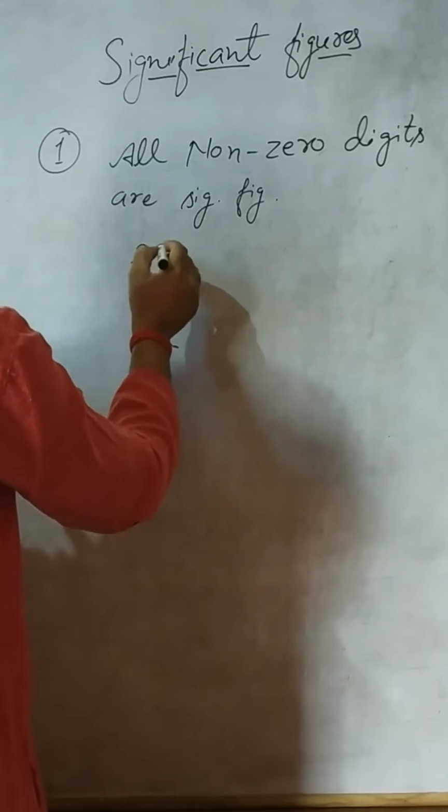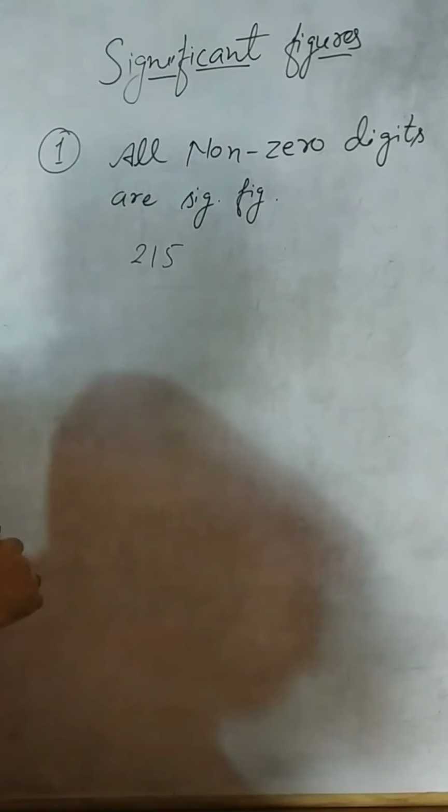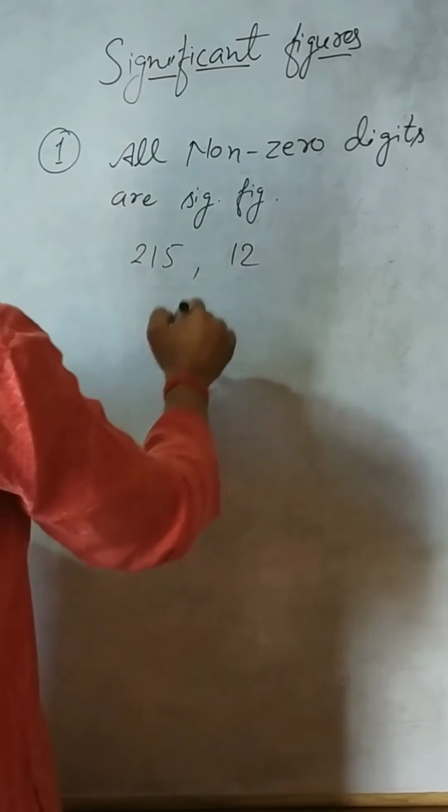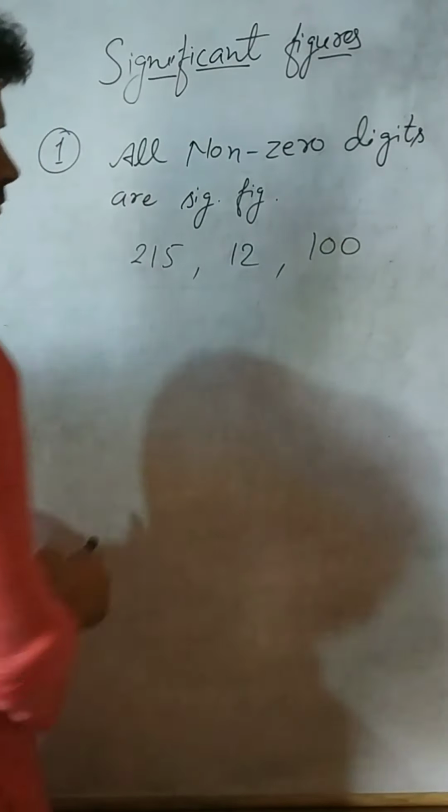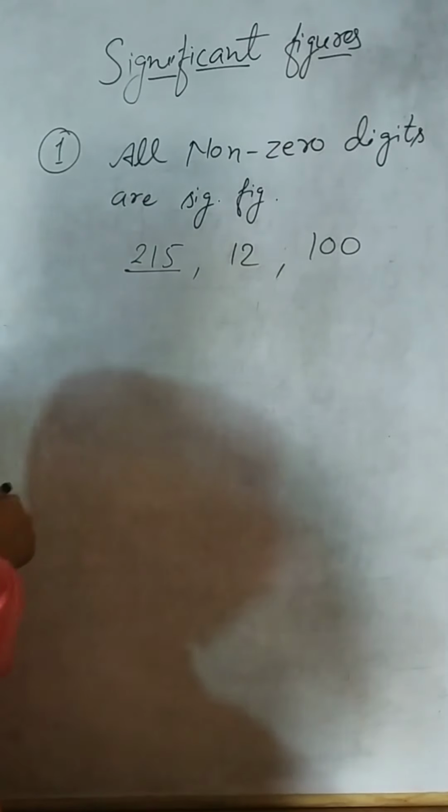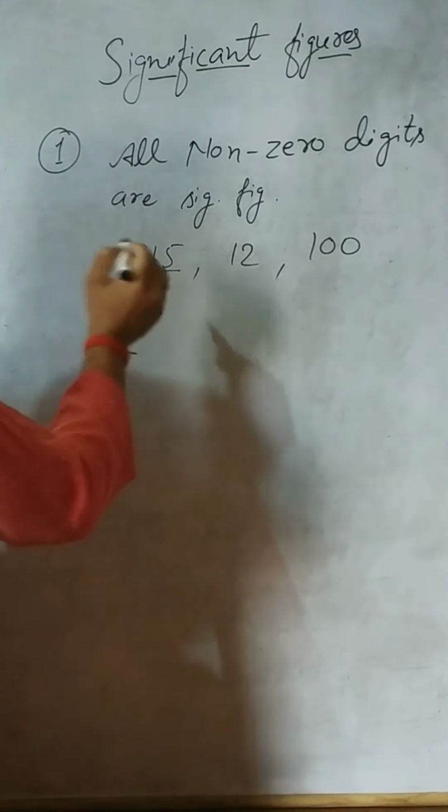For example, if we take the number 215 or 12 or 100. So how many significant figures does it have? It has 3 significant figures.